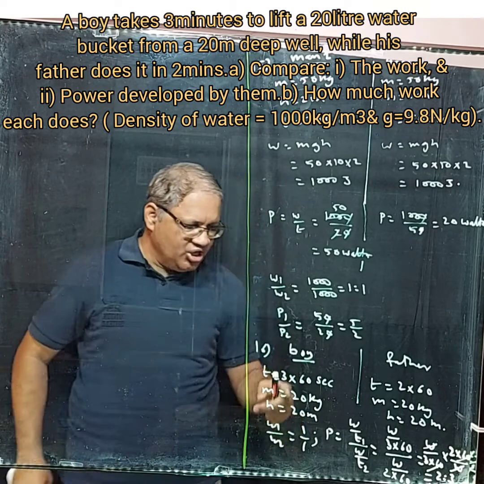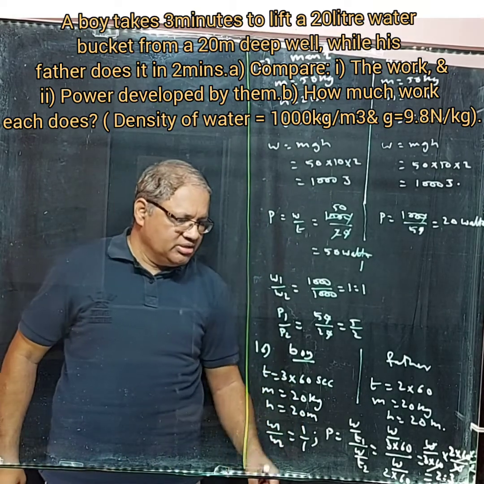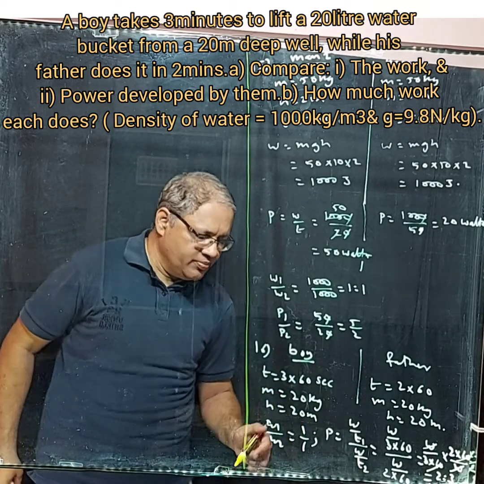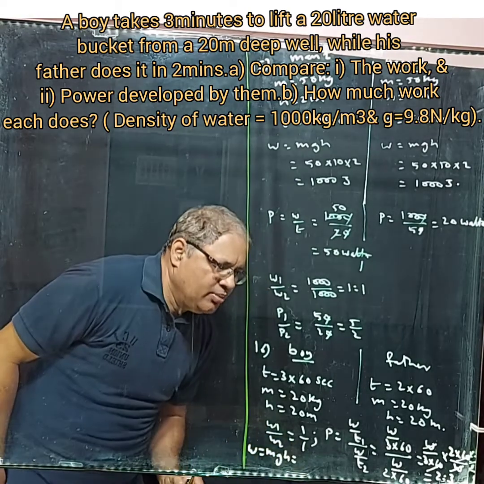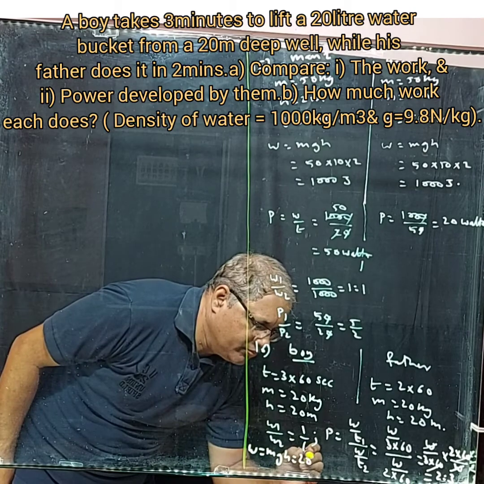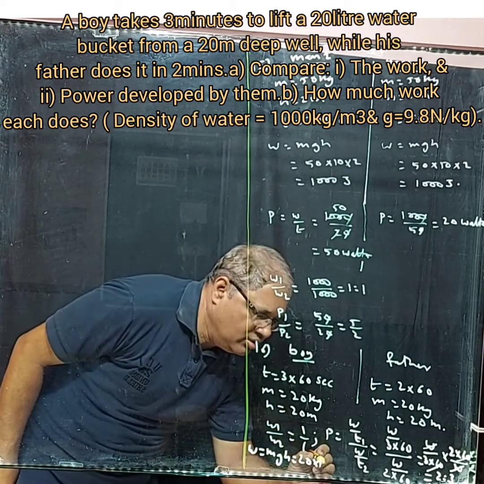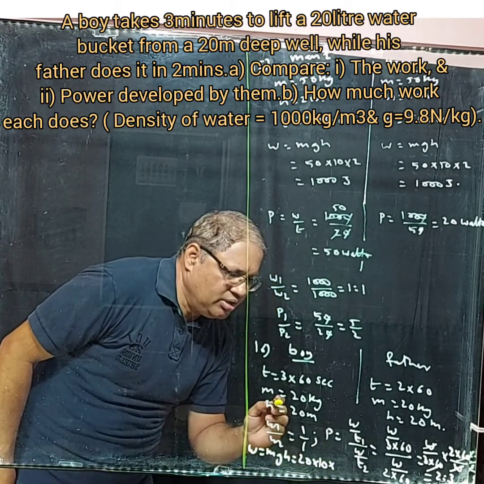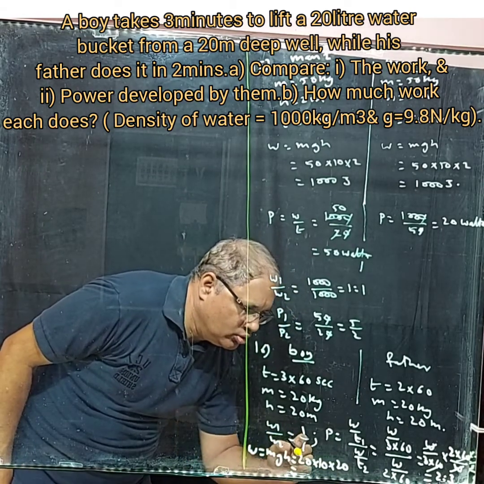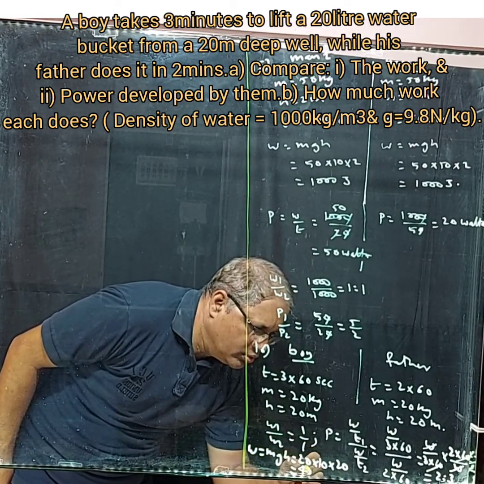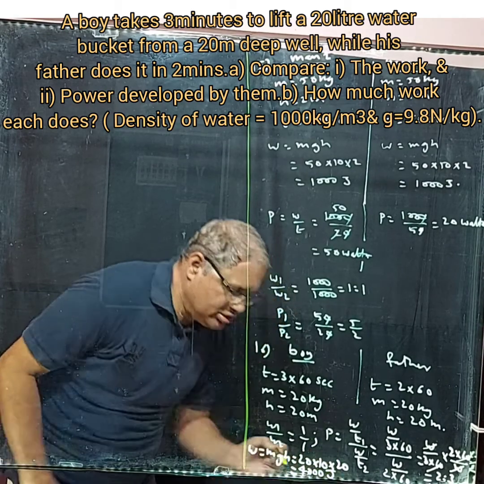Now work done by each. Work done is given by mgh. Mass is 20, g is 10, height is 20. So 4,000 joules.